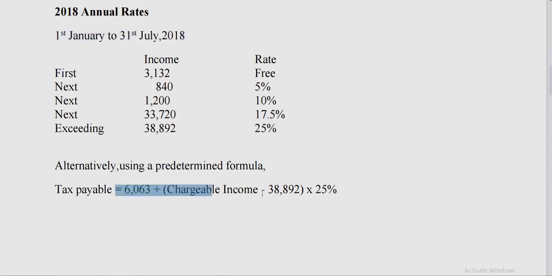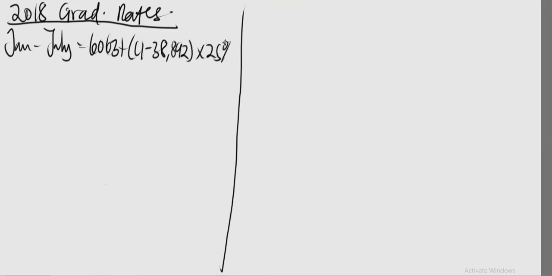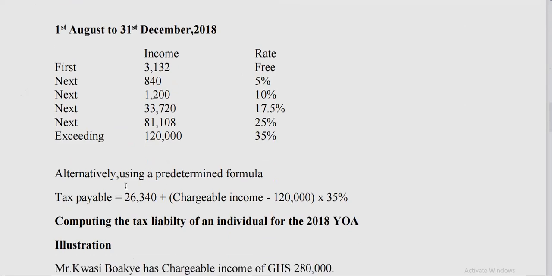That was 6,063 as against 38,892. That is 6,063 plus the chargeable income minus 38,892, all at 25%. Then we have the August to December rate. For August to December, we have 26,340 as against 120 by 35%.